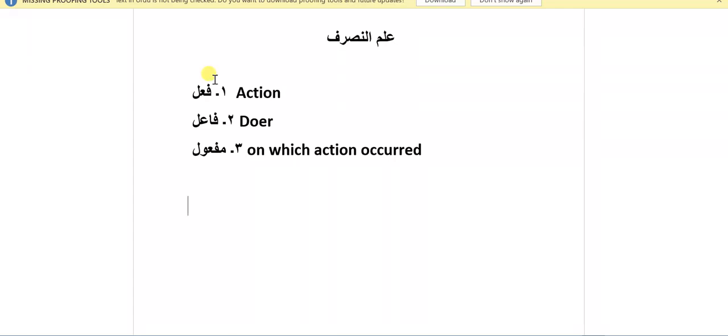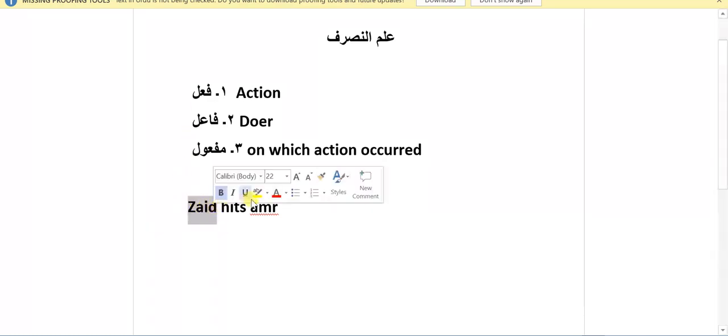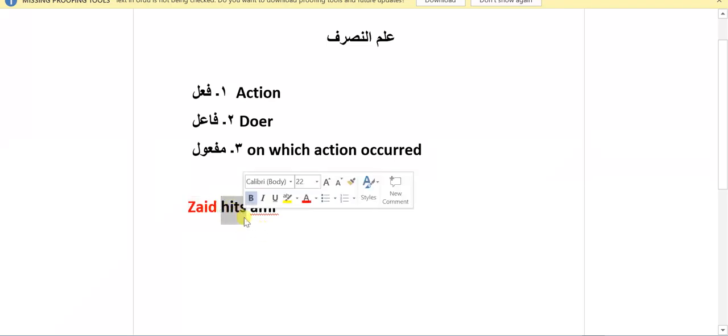Let's understand this by example. When I'm saying Zaid hits Amr, here Zaid is the person who hit someone. So Zaid is the doer. So here Zaid is fa'il and hitting is the action, so hit is fi'l, and who is being hit?